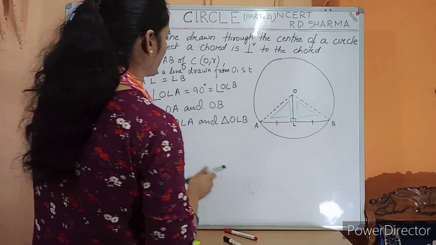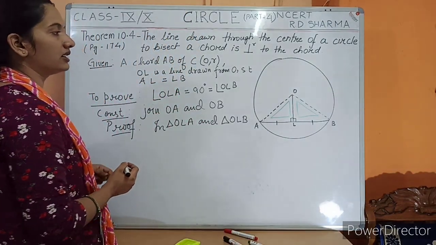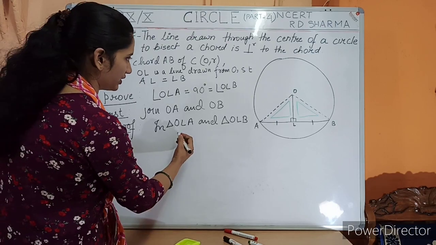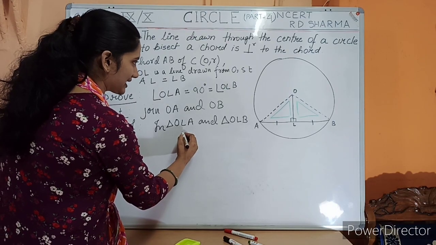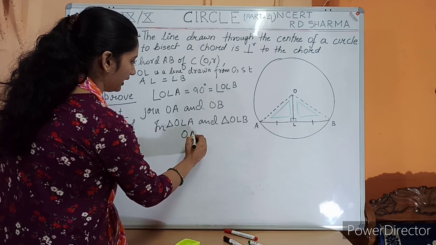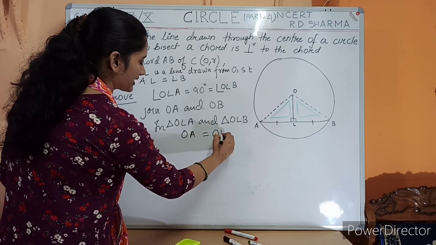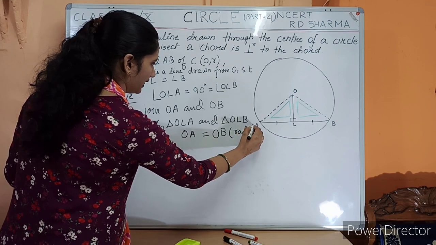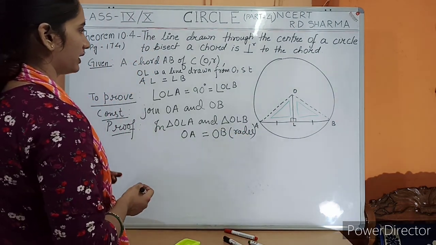These two triangles we need to take. Now we will show that these two triangles are congruent to each other. So for that, let us see. You know that OA must be equal to the side OB, because they are nothing but the radii, and it is given.